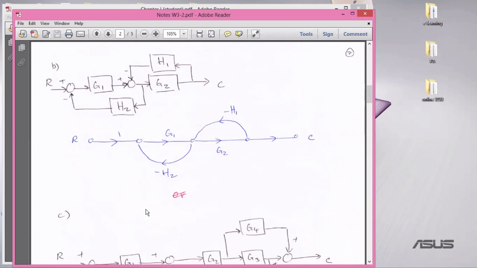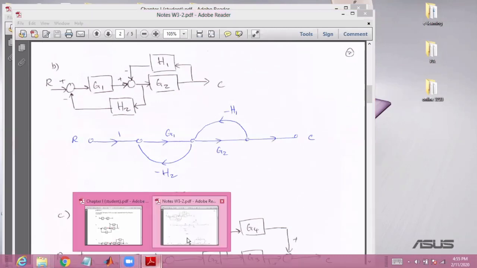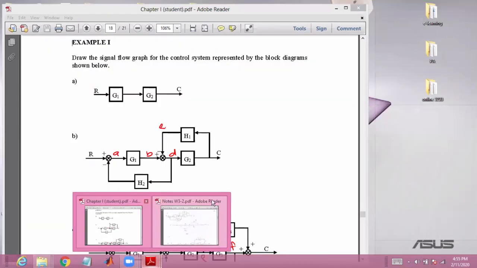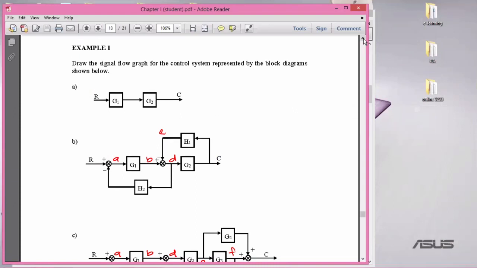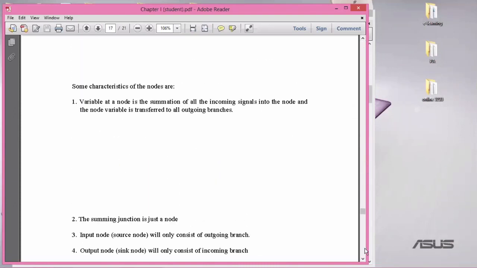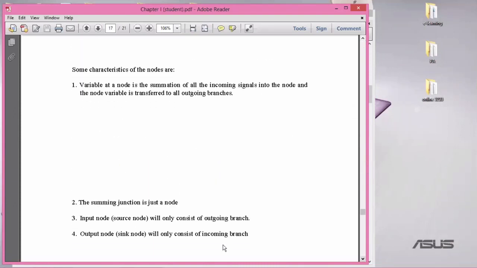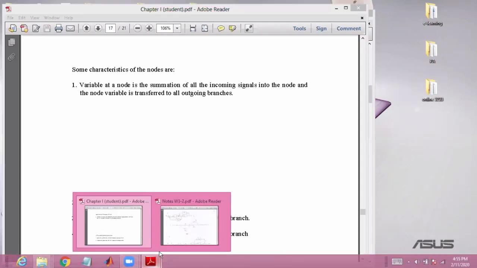But since we need to fulfill requirement 3 and requirement 4: the input node only has outgoing branches, and the output node only has incoming branches.